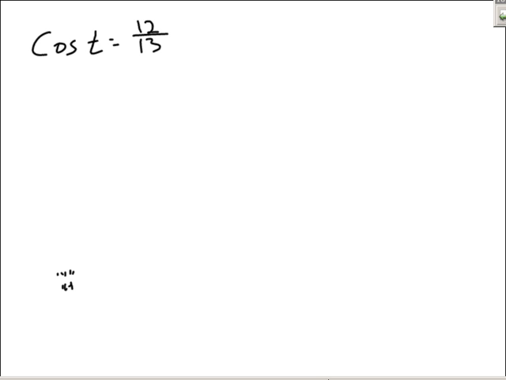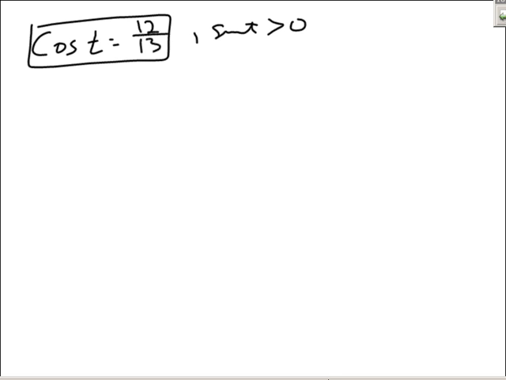And I also tell you, for example, that the sine of t is greater than 0. That means it's positive. So, in determining which quadrant t is in, this statement tells me the cosine of t is positive. Why? Because 12 over 13 is positive. And this tells me the sine of t is positive.